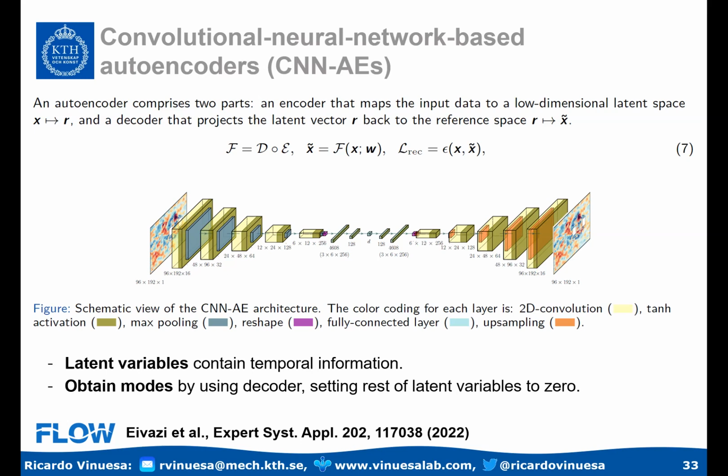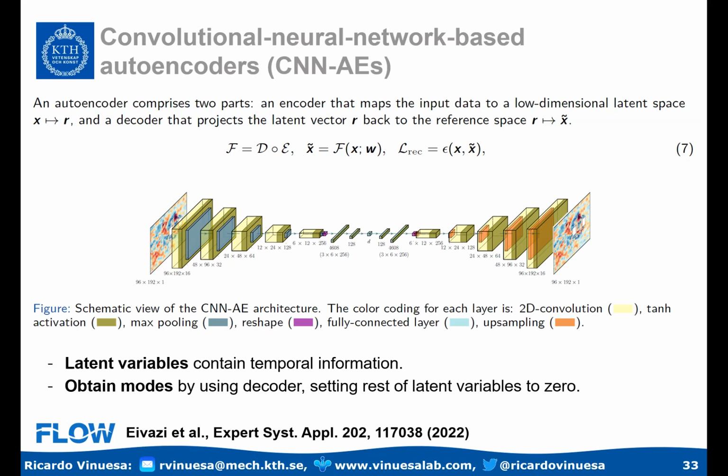The key here is that in a first part, which is called the encoder, you're trying to reduce the dimension of your data so that in this so-called latent space, you can obtain a very compressed representation of the original data. And in the second part, you are increasing the dimension of your data again. That's the decoder. So the loss function of this architecture is the difference between the output and the input field.